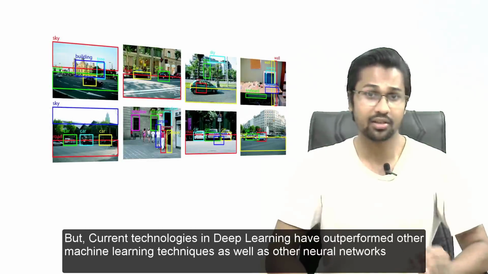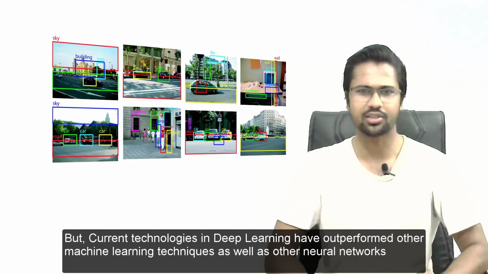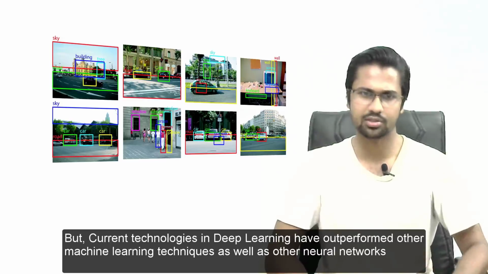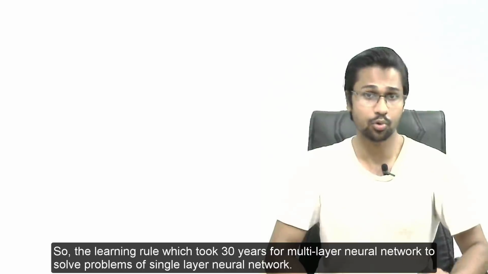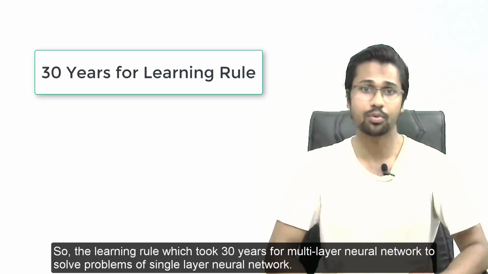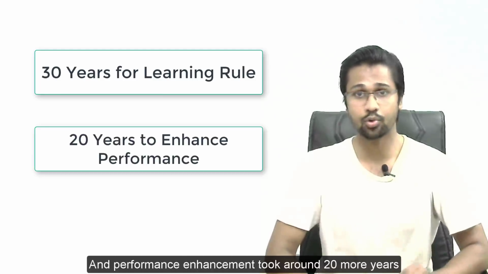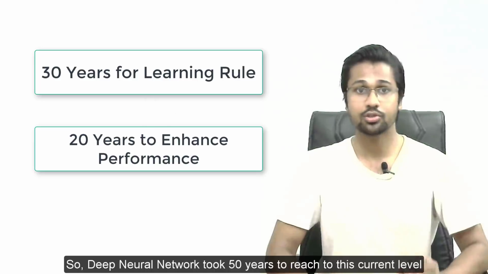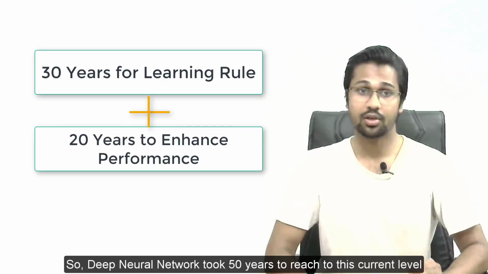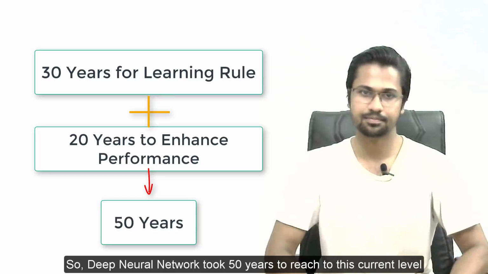But current technologies in deep learning have outperformed other machine learning techniques as well as other neural networks. So the learning rule, which took 30 years for multi-layer neural network to solve problems of single neural network, and performance enhancement took 20 more years. So deep neural network took 50 years to reach this current level.